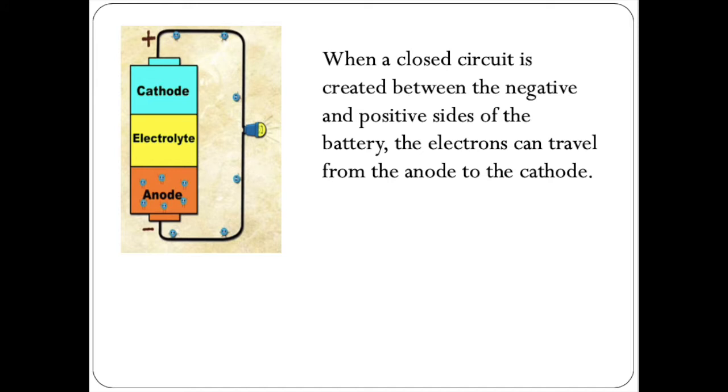When a closed circuit is created between the negative and positive sides of the battery, the electrons can travel from the anode to the cathode. You'll notice that we've used wires to connect one end of the battery to the other in a closed loop called a circuit.